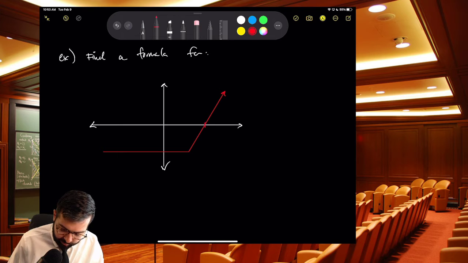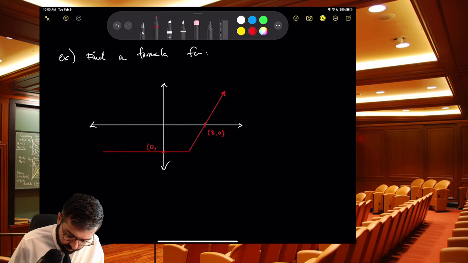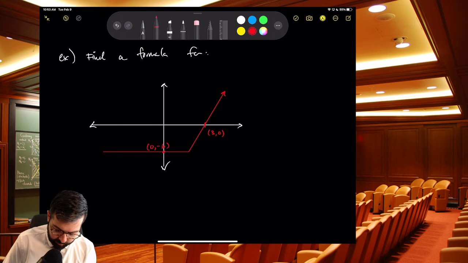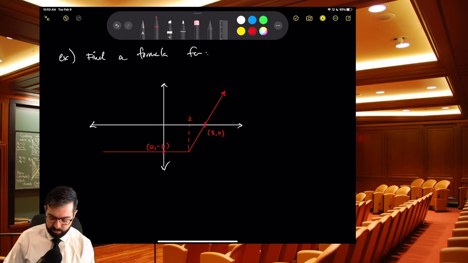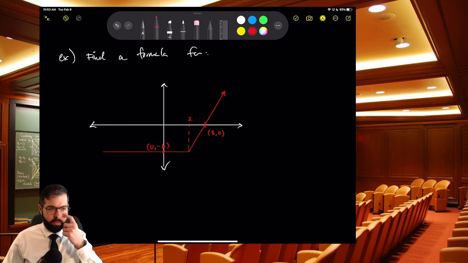And we know that we have the points here. Let's say this is 3, 0, and this is 0, negative 6. And we know that this is the point at x equals 2. So we want to figure out, what is the formula for this function?